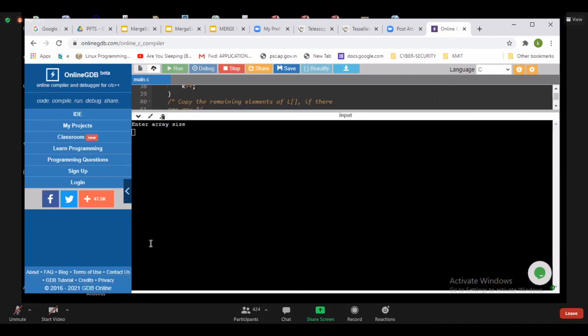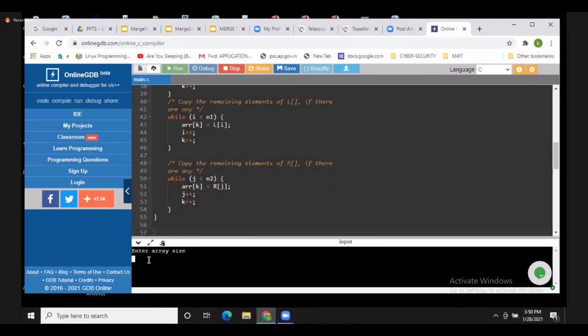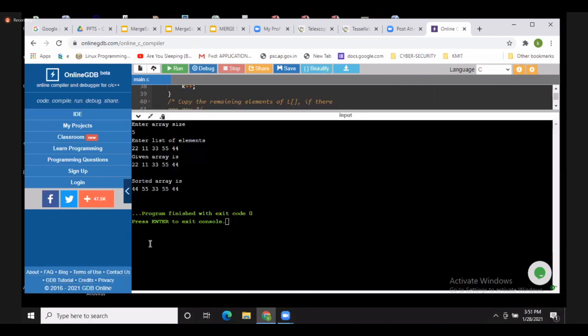Enter the array size. Simply enter 5. Size is 5. Enter the list elements: 22, 11, 33, 55, and 44.